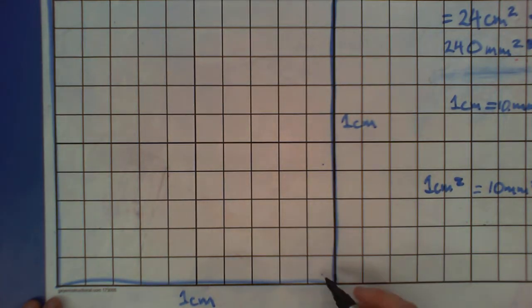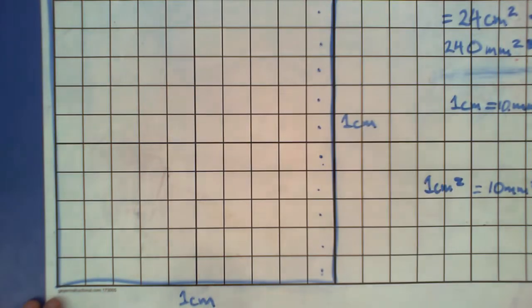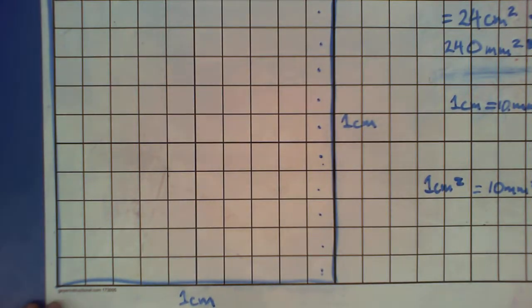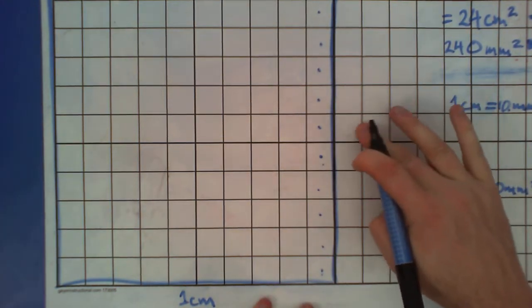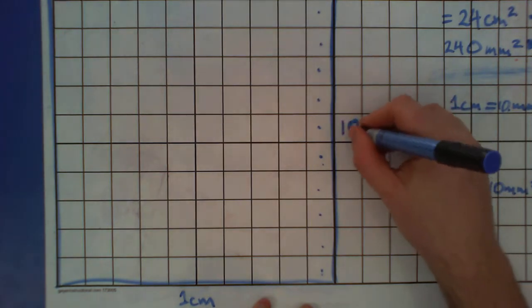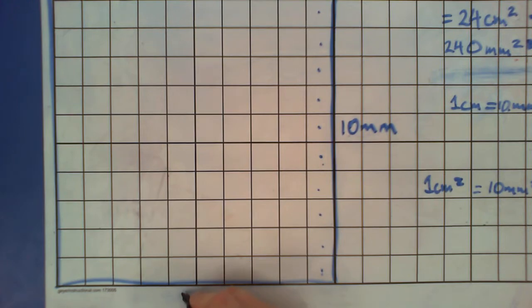In fact, here's your 10: 1, 2, 3, 4, 5, 6, 7, 8, 9, 10. But we need to realize that we actually have centimeters here and here. So we need to convert this 1 centimeter to 10 millimeters, and this 1 centimeter to 10 millimeters.